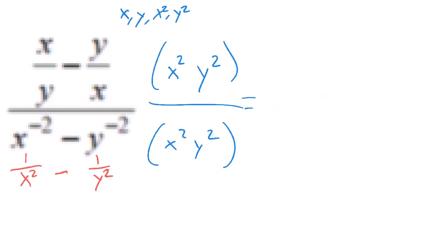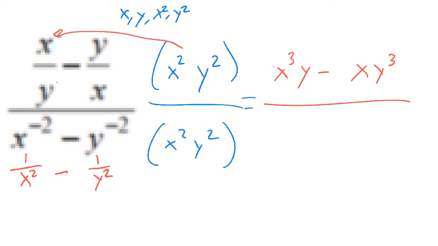So x over y times x squared y squared would give me an x cubed, right, because I had an x squared and an x, and the y squared and the y would become just 1y. Then this would become, similarly, this would be y cubed, and one of the x's cancels, so this would be xy cubed. And then on bottom, now I get x squared times 1 over x squared is 1, but then there's the y squared, so this becomes y squared, and then minus x squared.